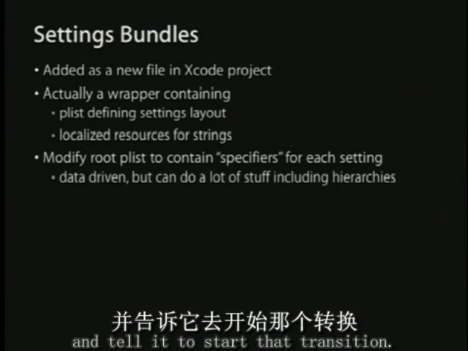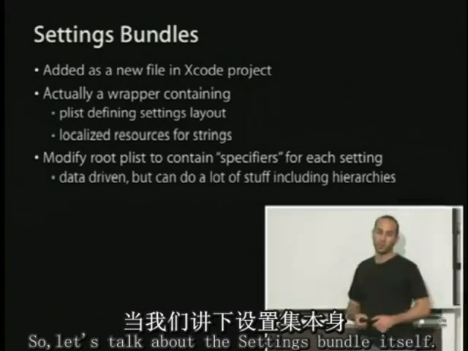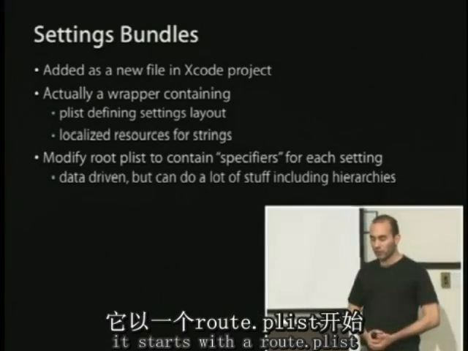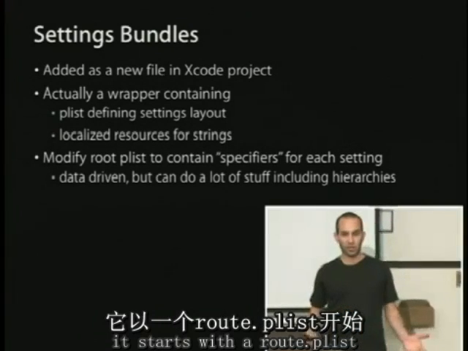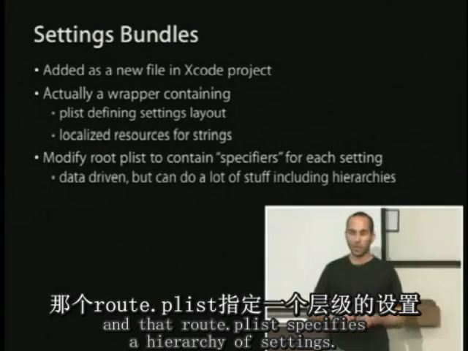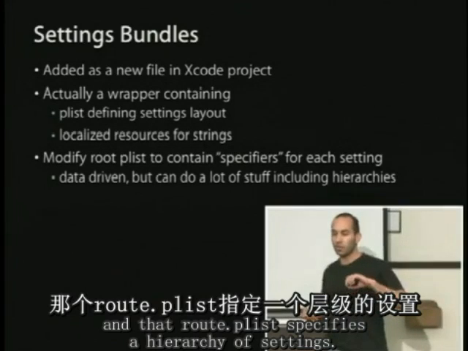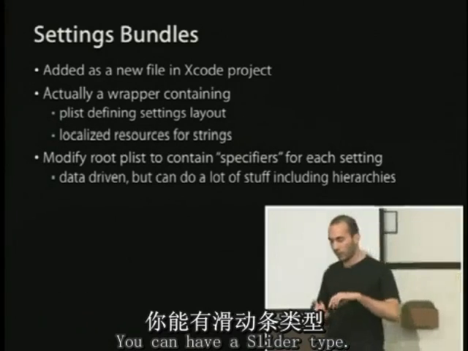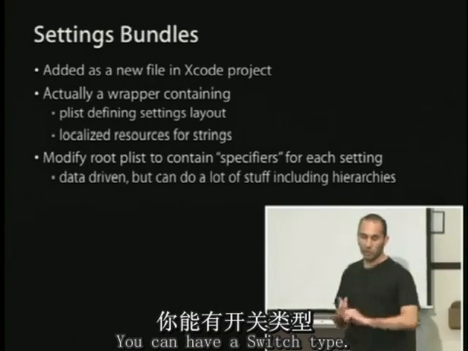All right, so let's talk about the settings bundle itself. When you create a settings bundle, it starts with a root.plist, and that root.plist specifies a hierarchy of settings. The settings are predefined, so you can have different types. You can have a slider type. You can have a switch type.